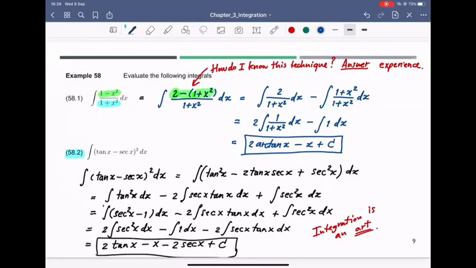I think what you missed is from this line to this line, right? Yes. So from here, I can express this as the integral of secant squared x dx minus the integral of 1 dx.